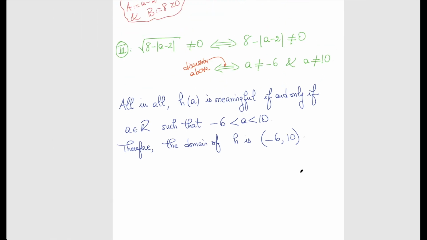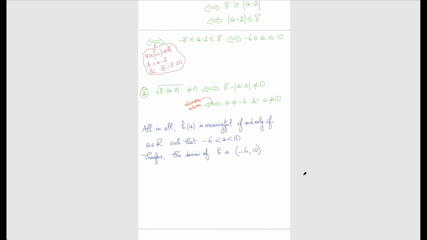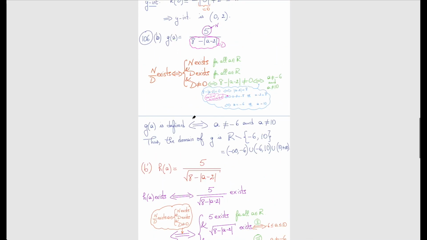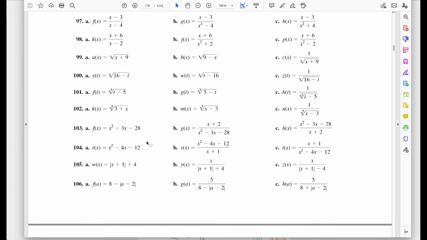So this was 106 part B, and we did the new one, B prime, we called it. Okay? Let's look at 106 part C. Take a look at part C. It's very close to part B, except I have a plus here instead of a minus, right?